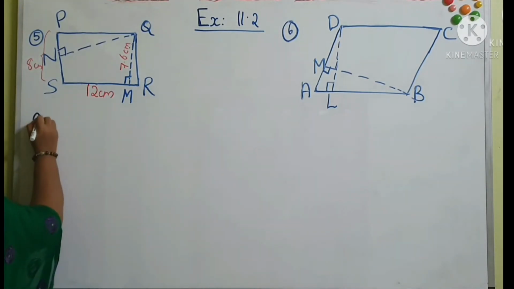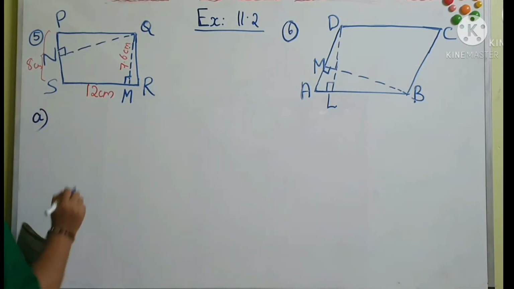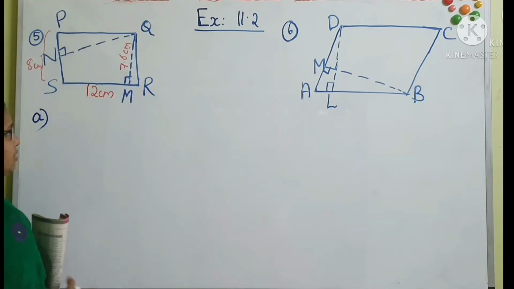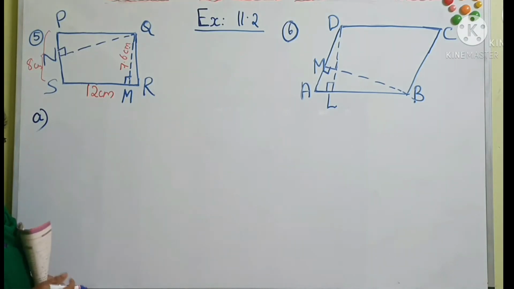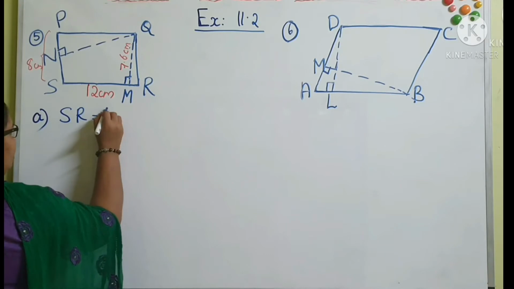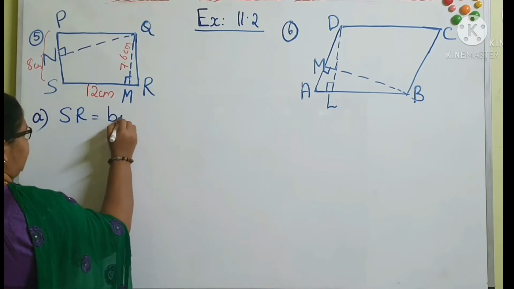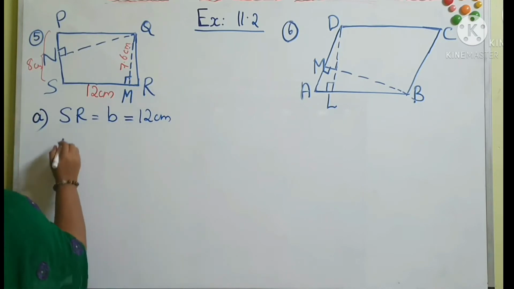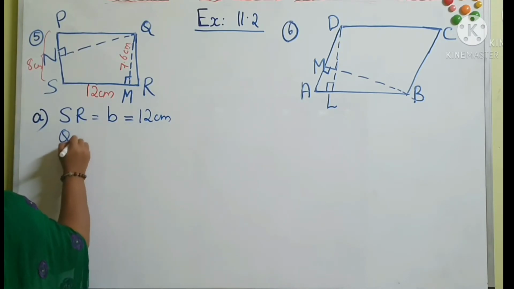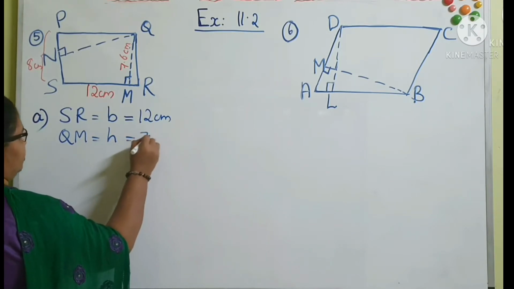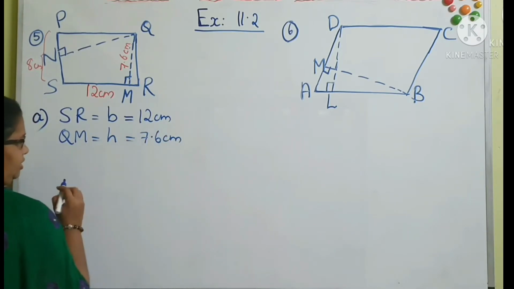So first part, the base SR is given and the height to that base, QM, is also given. SR is the base, B, equal to 12 cm. Then the height, QM, is equal to 7.6 cm.